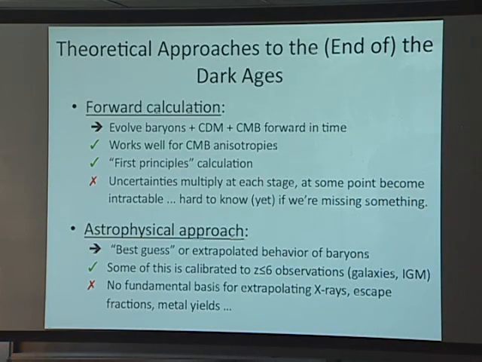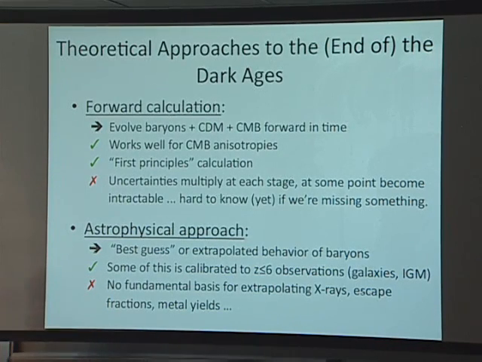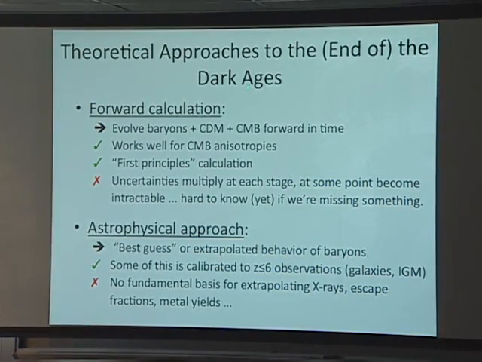So when we get into that regime, where none of this has been seen yet, there are really two types of approaches one can take. The things I'll talk about in this talk contain some elements of both. One can approach the dark ages from either direction.